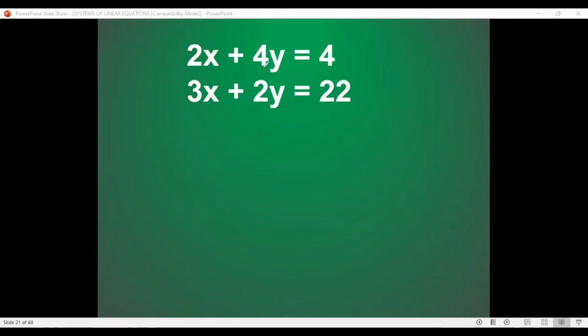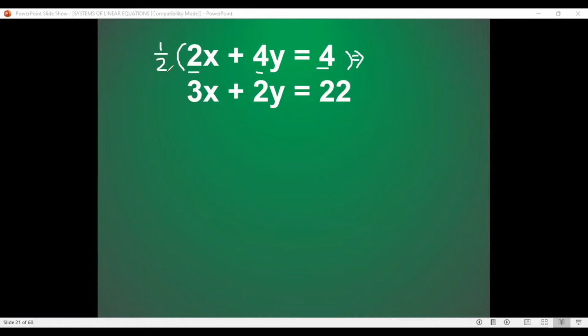That will make the numbers easier, because this is 2, this is 4, and this is 2. So that the numbers that we are getting are smaller. It's better to work with smaller numbers than bigger ones.